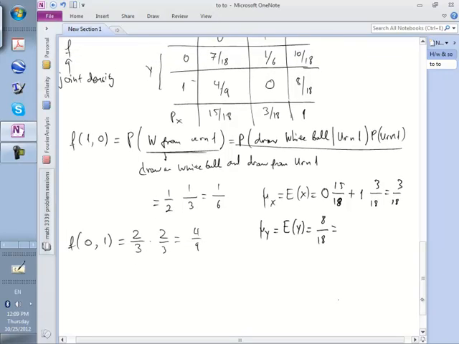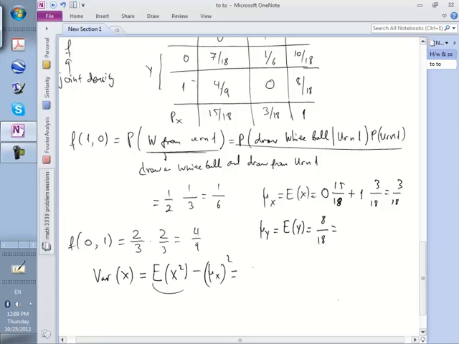How do we find now sigma of x? Or let's find the variance of x. How do we calculate the variance of x? What is this equal to? E of x squared minus the mean of x squared, okay? What do I need to calculate this, E of x squared?